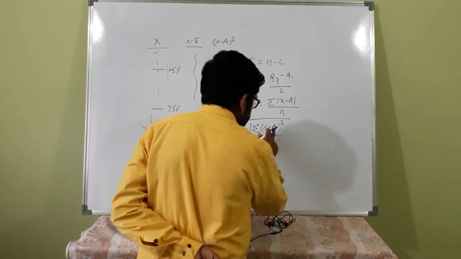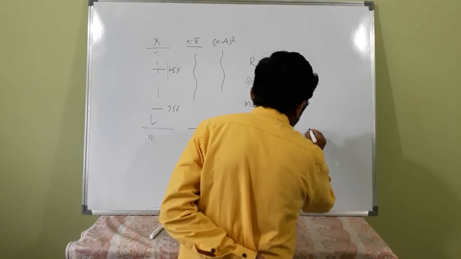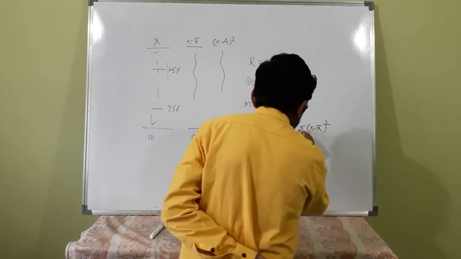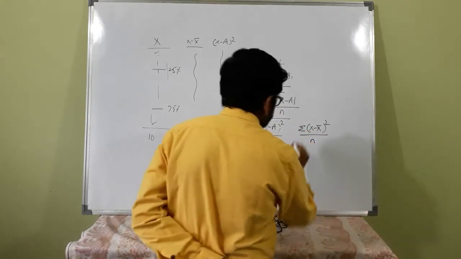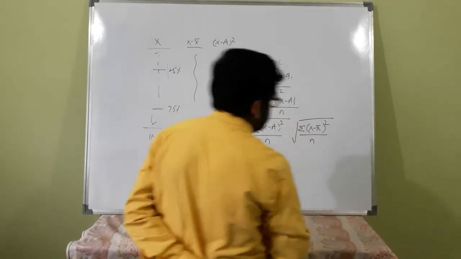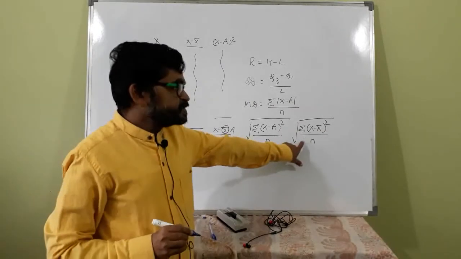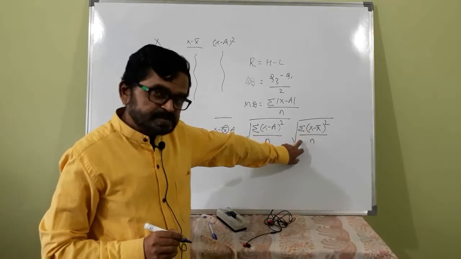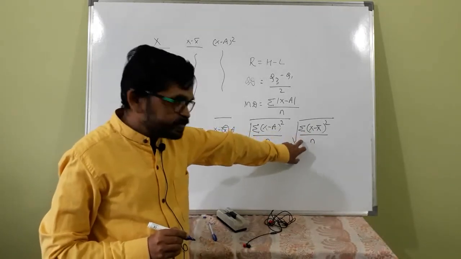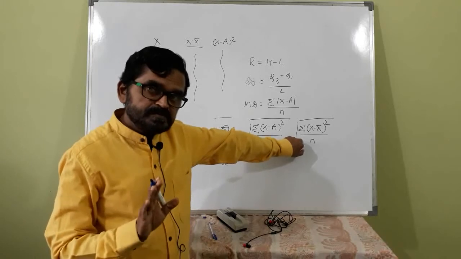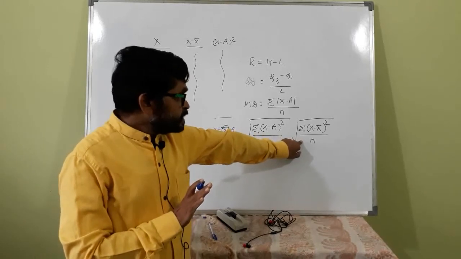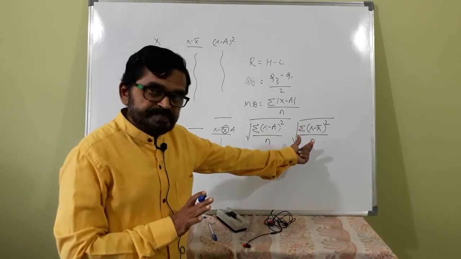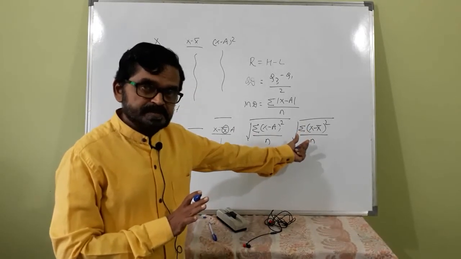So instead of taking a here, if we take (x minus x bar) whole square, then sum, divide by n and take the square root, this is nothing but standard deviation. You have studied this. This is the formula for standard deviation. I hope you got how this formula originated. This is the story of standard deviation.